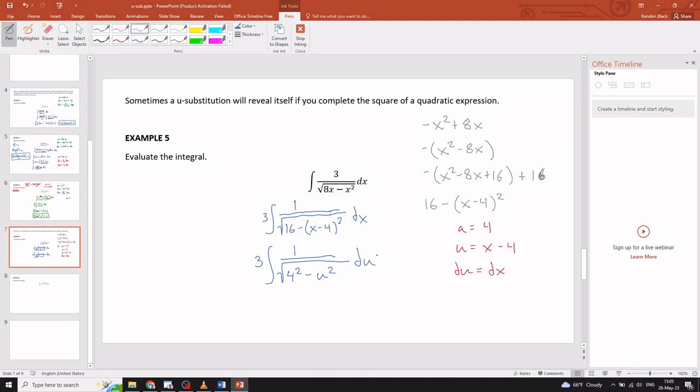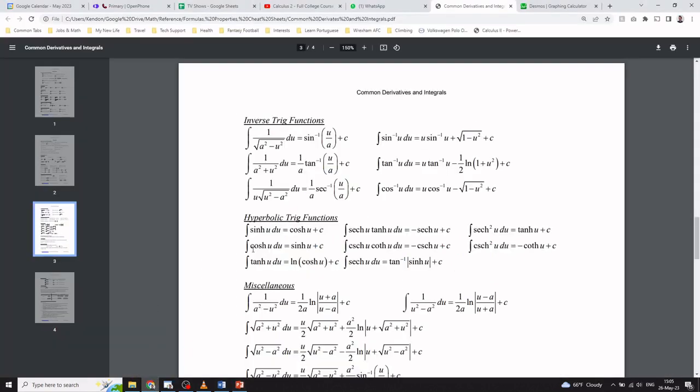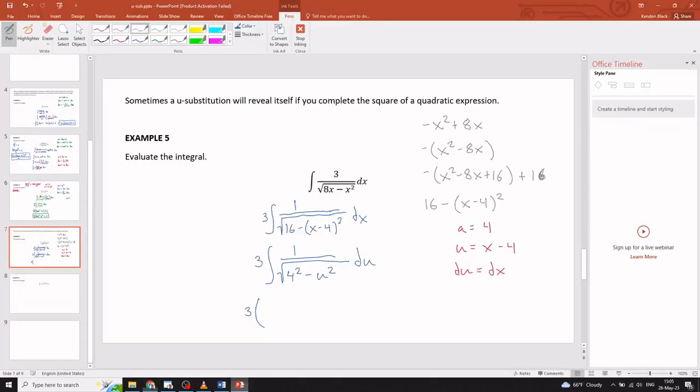So now we have the integrand in this format which matches what we have in the table exactly. So we're going to have 3, and let's apply the formula from the table. So we have arc sine of u over a, and a is 4, so arc sine of u over 4 plus c. 3 arc sine.